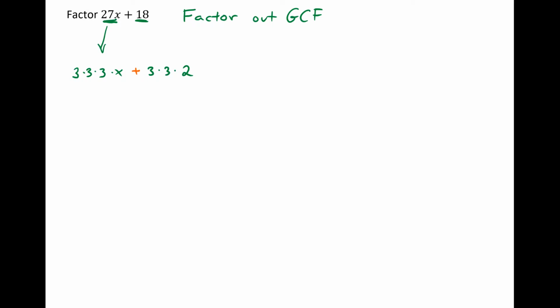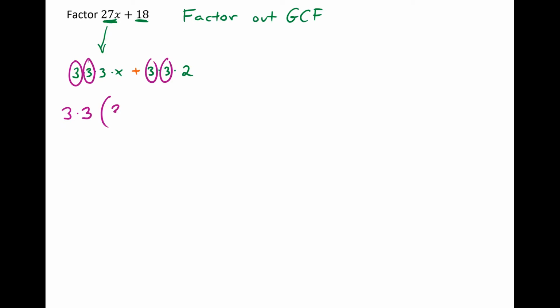Now as far as the factors I have here, what is the greatest common factor between the two? What are all the factors that both of these terms have in common? I have 1, 3 here, 1, 3 here. So I can factor out a 3 times 3 out of this. So it ends up with 3 times 3.